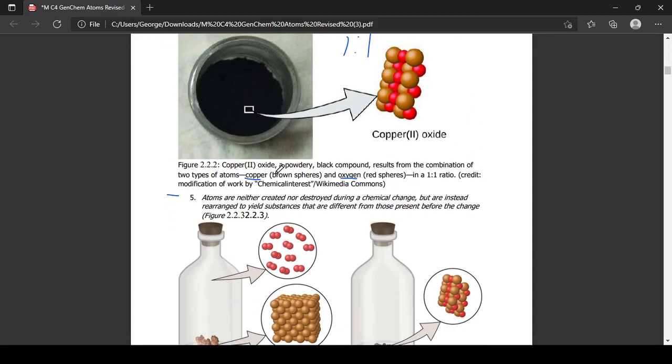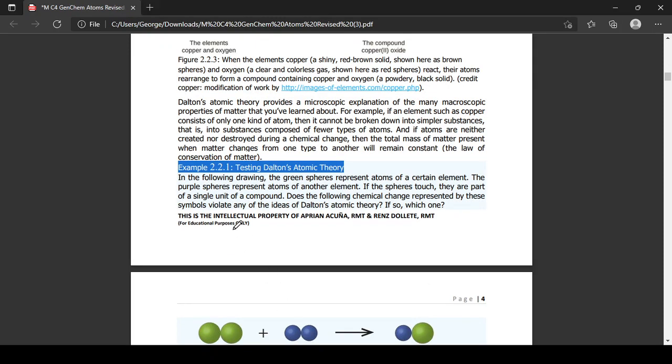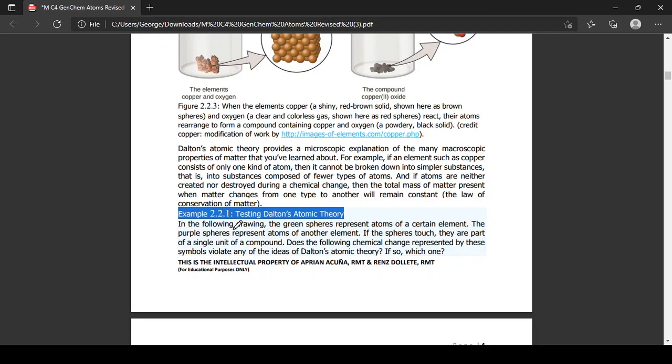Number 5, atoms are neither created nor destroyed during a chemical change, but are instead rearranged to yield substances that are different from those present before the change. Dalton's atomic theory provides a microscopic explanation of the many macroscopic properties of matter that you've learned about.